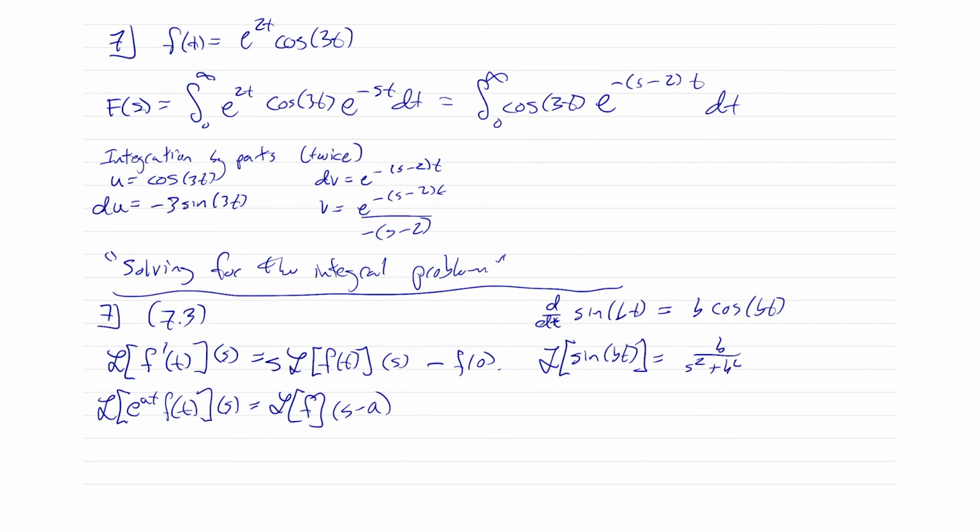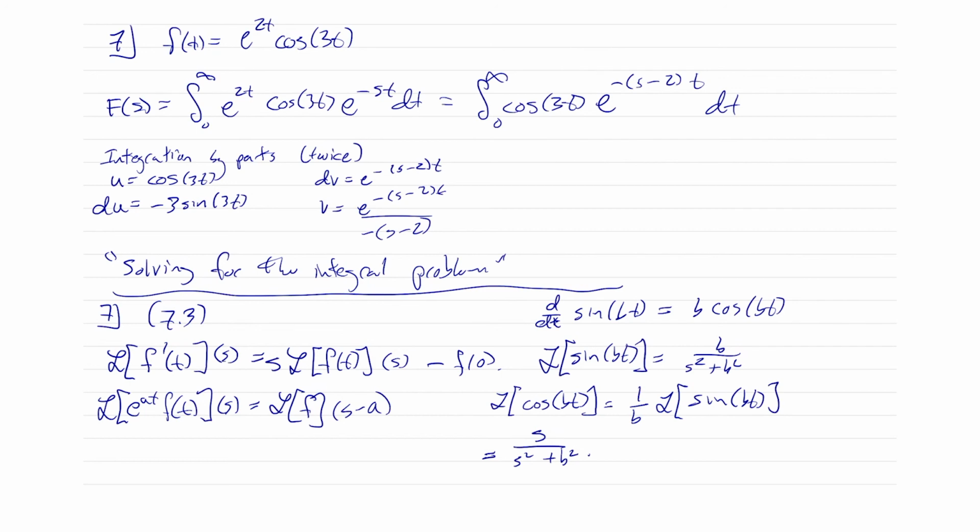Now if I want to find the Laplace transform of cosine of bt, this is 1 over b times the Laplace transform of sine of bt's derivative, and so then we get s over s squared plus b squared.